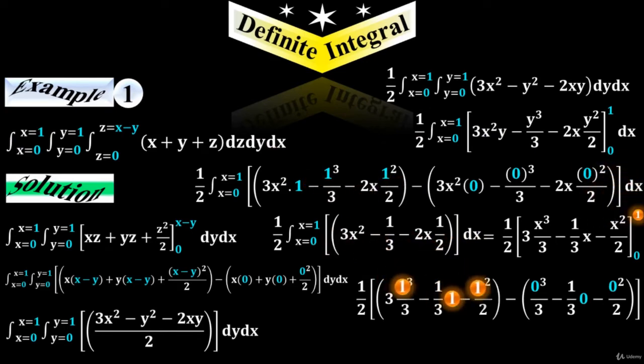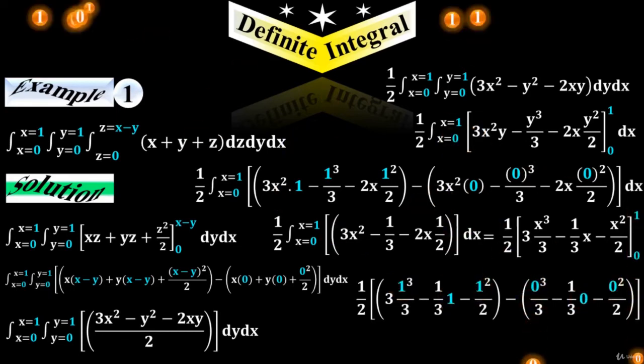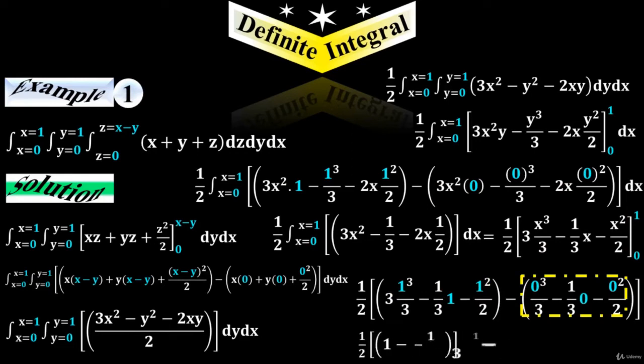Our upper limit is 1 and the lower limit is 0. Since we have taken it with respect to x, therefore substitute the values of limits in x variables, this term becomes 0, and we're left with 1 over 2. Here is the final answer for the given function.